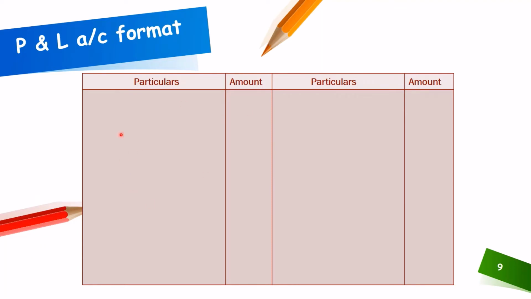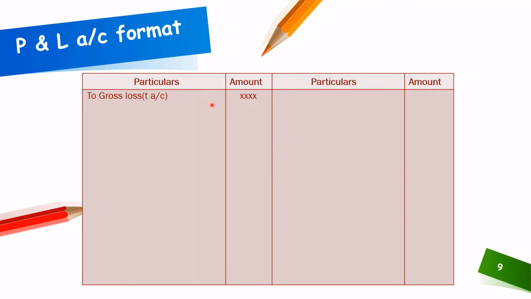This is the same format, with particulars and amounts, and here we want to record all the expenses on the left hand side and all the incomes on the right hand side. Let me see what items come under the expenses side, on the left hand side. First, if we got a loss in the trading account, we will record it on the expenses side.